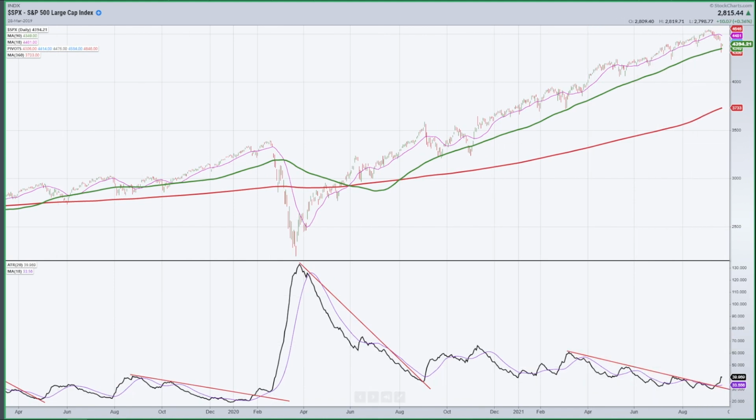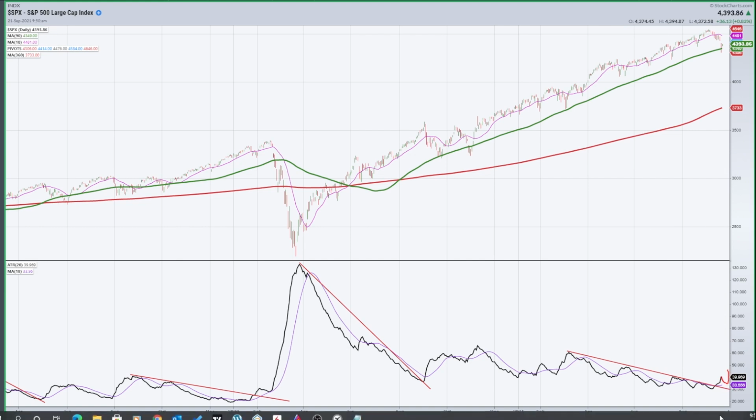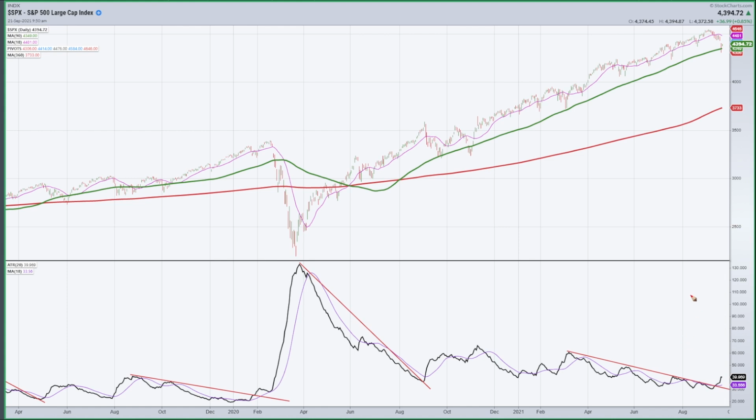What's missing for me is some kind of pullback test and then a move back up to a new high and get a full-fledged shift in trend, or at least the high probability that we're shifting the trend. If I see that, then I'm going to feel like the volatility has truly made a real shift, because we can make these moves above the moving average and then dip right back down through it.